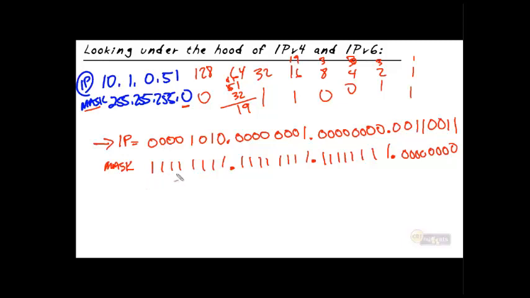You follow the ones in the mask until they stop, and when they stop, you draw the line. Everything to the left is the street, which we also affectionately call the network, and everything to the right is the actual house number, also called a host ID or the host number.